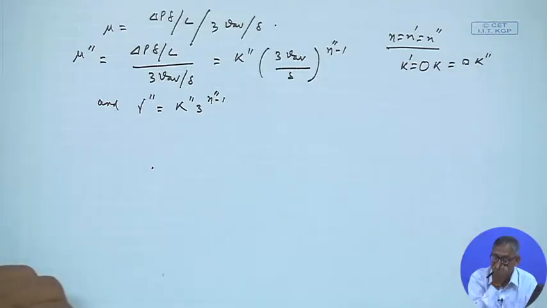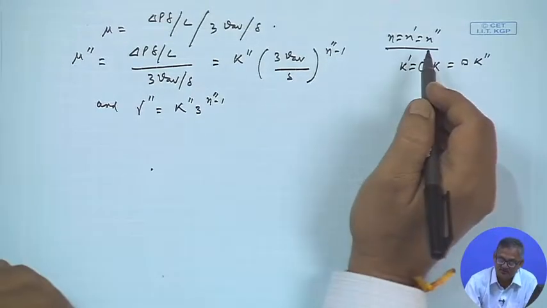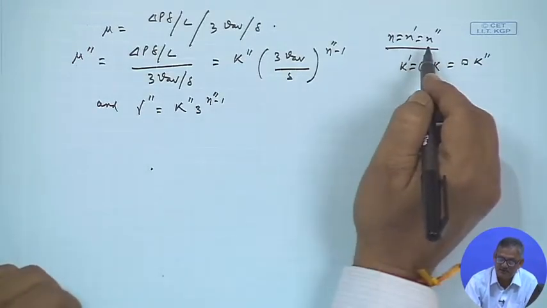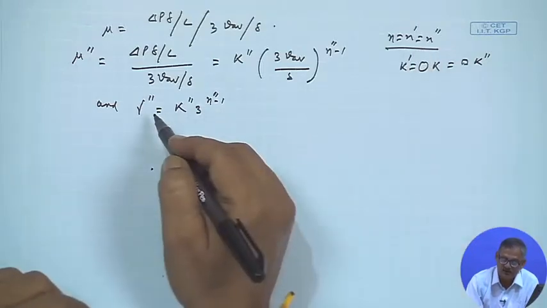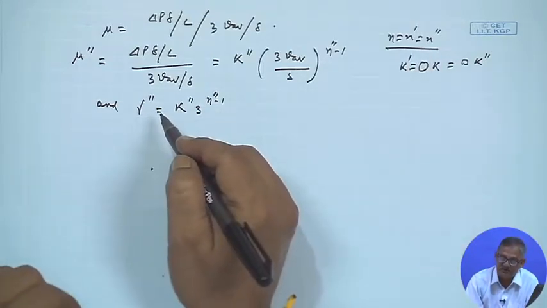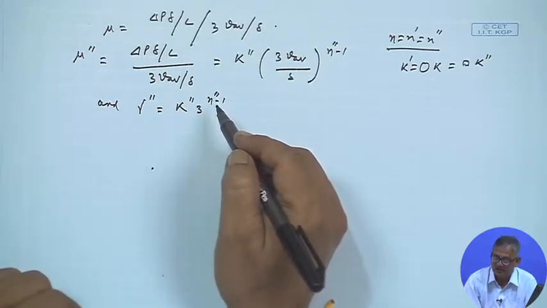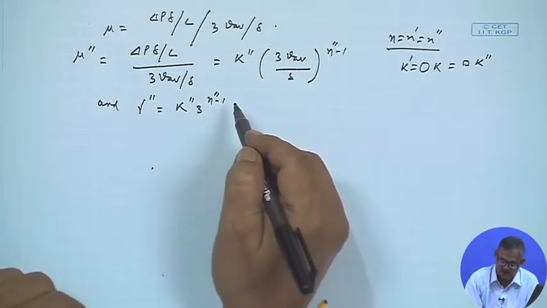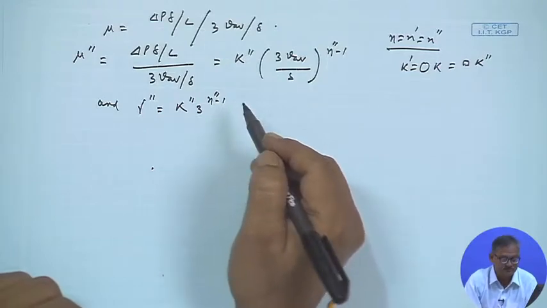Instead of n prime, if we write n, then it may be misleading. That is why when k is k prime, n is n prime, when k is k, n is n, and when k is k double prime, n is also n double prime. That should be written.